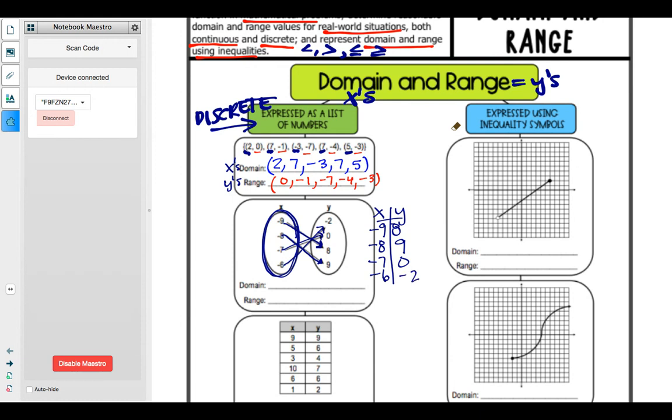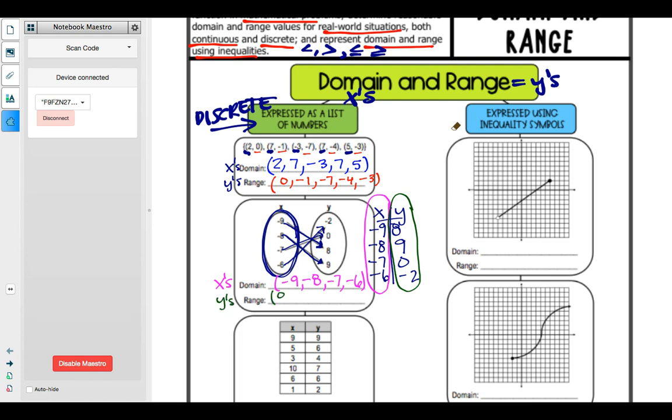I'm going to write out my domain right here as a list of numbers. So I've got -9, -8, -7, and -6. And again, domain is my x's. Then we can look over here and we can see my range represents my y's.